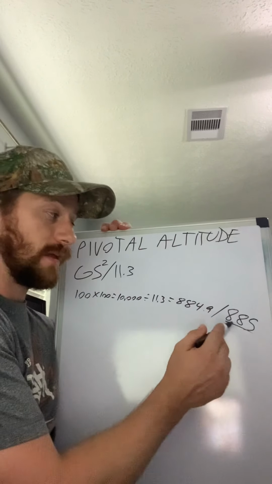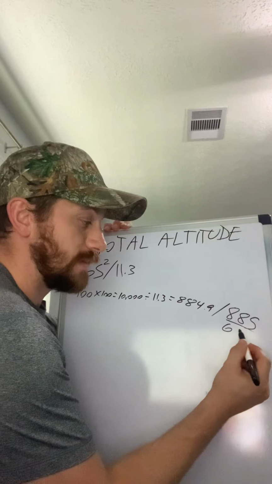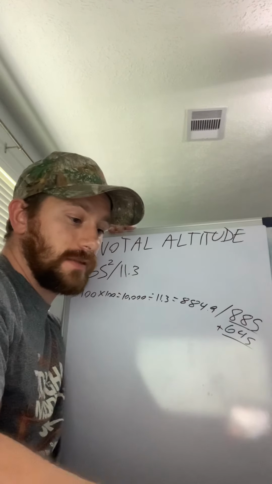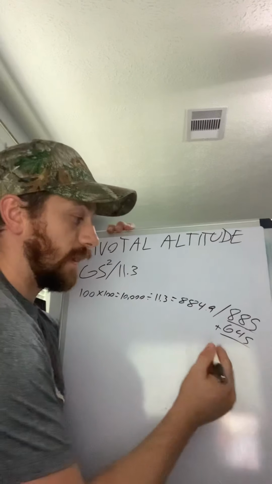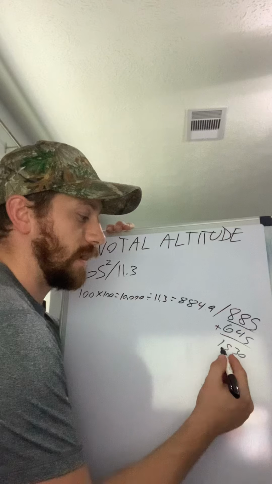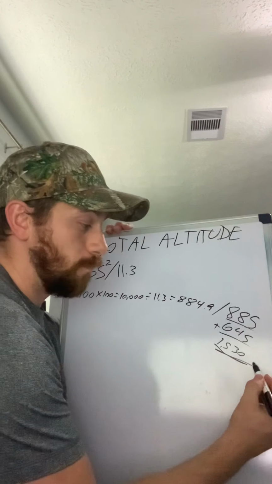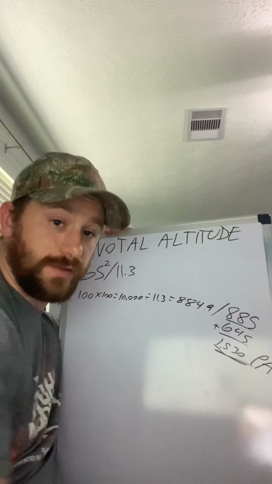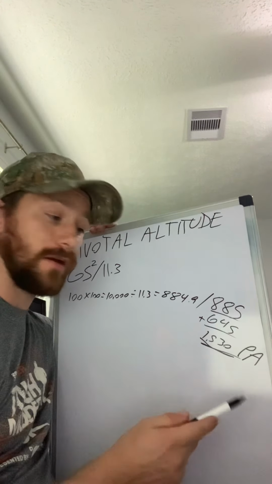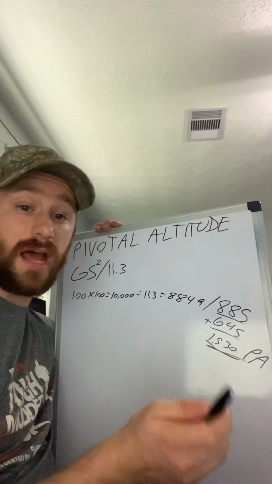So you will take this 885 and add 645 to that, and you will get 1,530 feet. And this is your new pivotal altitude that you will be flying at. Whenever you look at your altimeter in the air, this is your pivotal altitude at 100 knots.